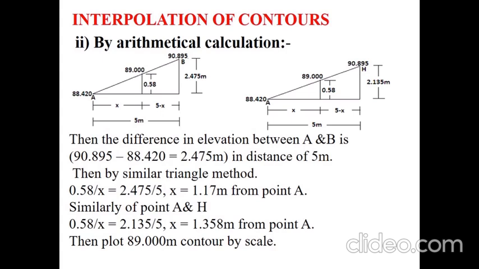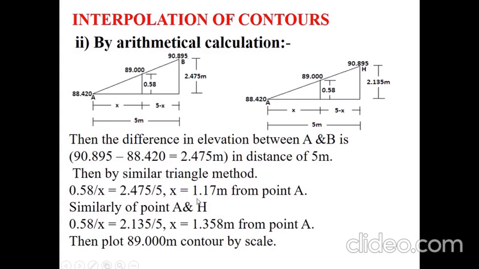We consider the difference in elevation between A and B, which is 90.895 minus 88.420, equal to 2.475 meter in a distance of 5 meter. Then by the similar triangle method, 0.58 divided by x is equal to 2.475 divided by 5.